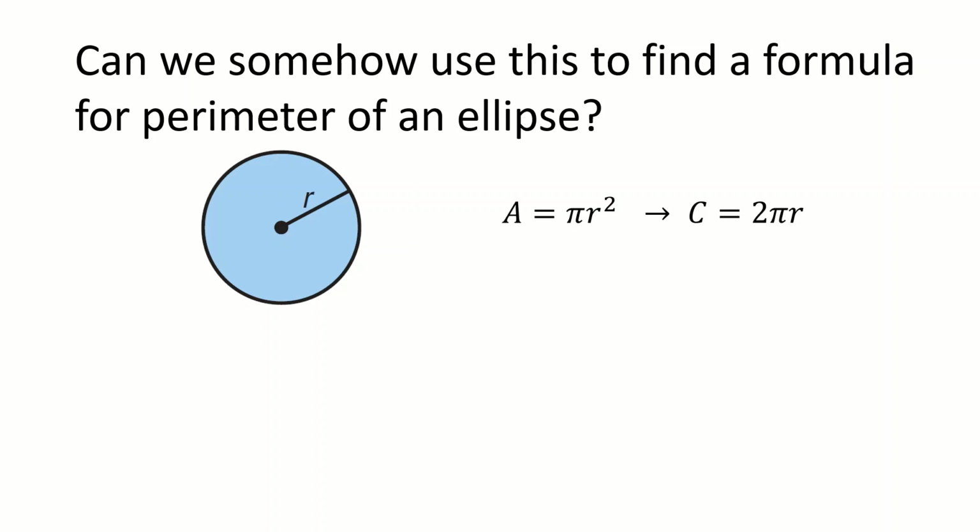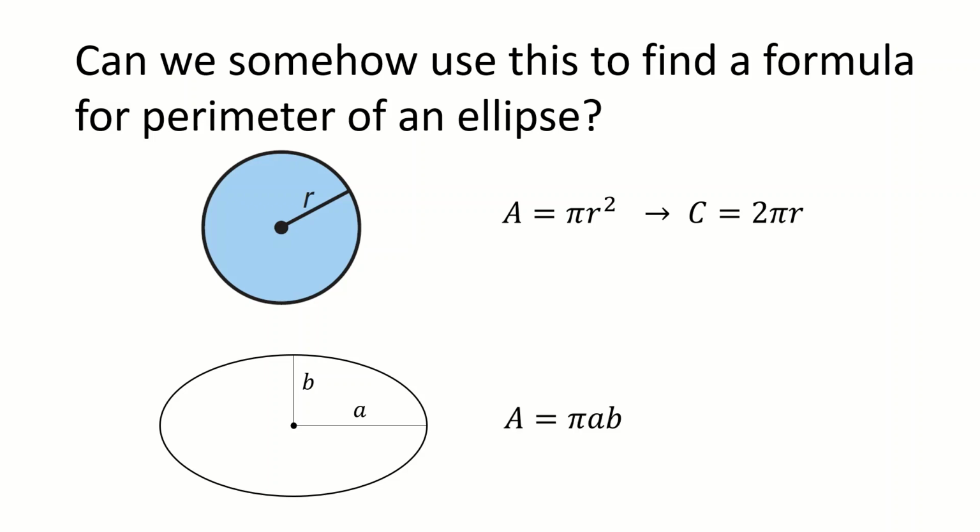And we already have the formula for the area of the ellipse. It's pi a b, and a and b are half of the big and small diameters. Does it mean we can somehow take the derivative and get to the formula for the perimeter of the ellipse? Because as you know, there is no formula for the perimeter of an ellipse.